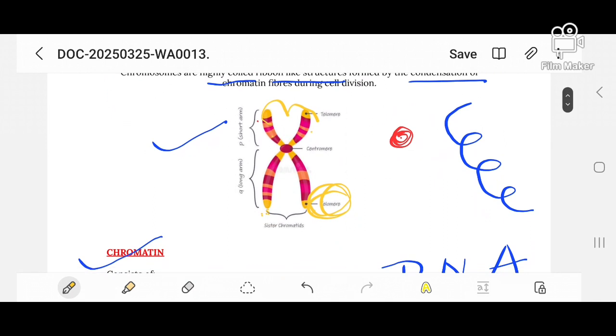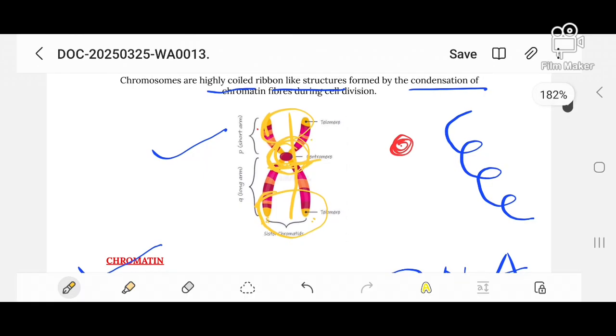See, these two and this one are in contact. They are in contact because of this centromere. You see the red color. This one, this is the centromere. Okay.